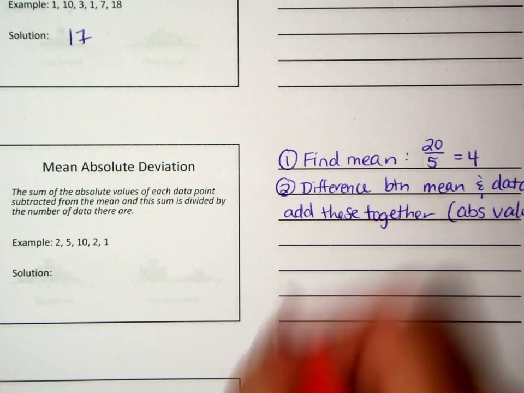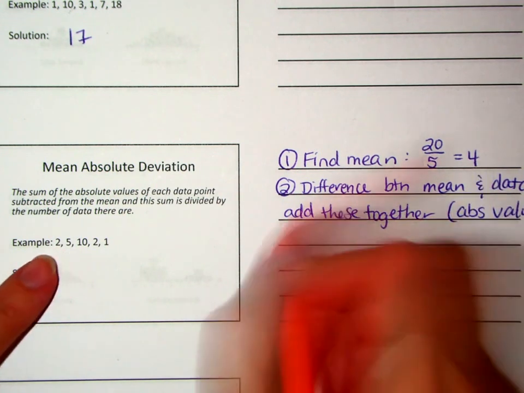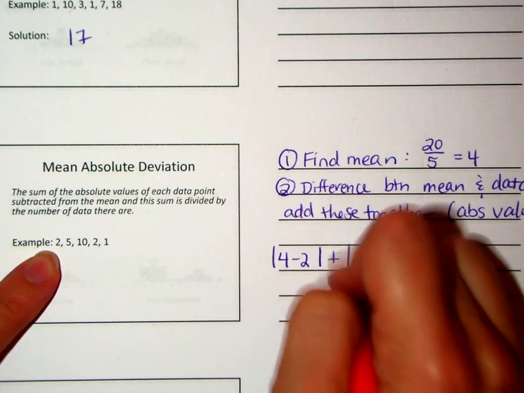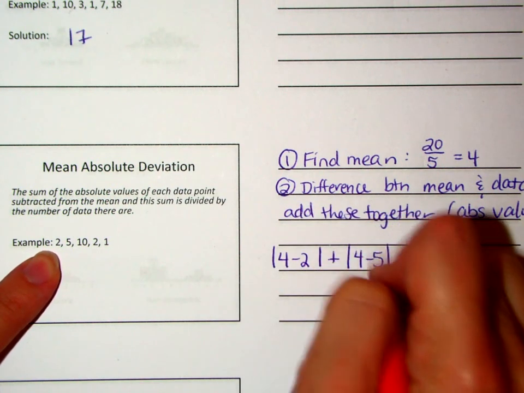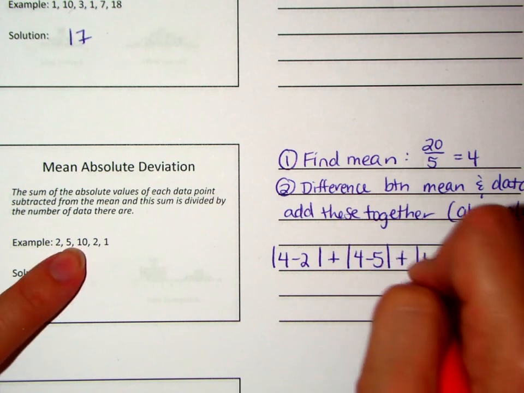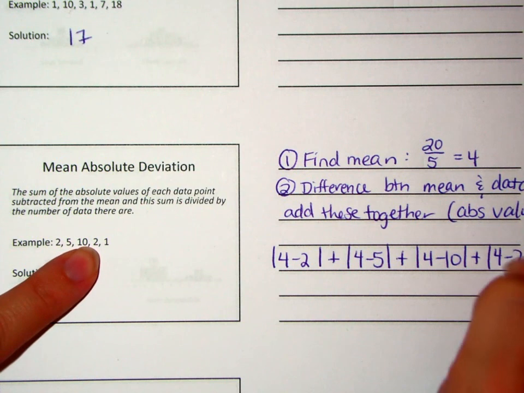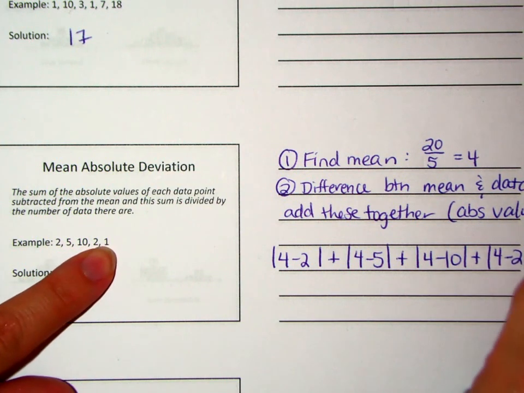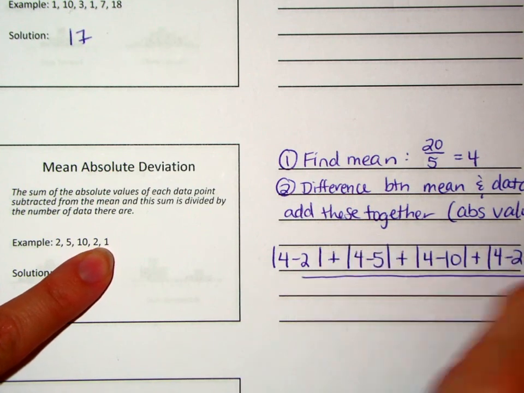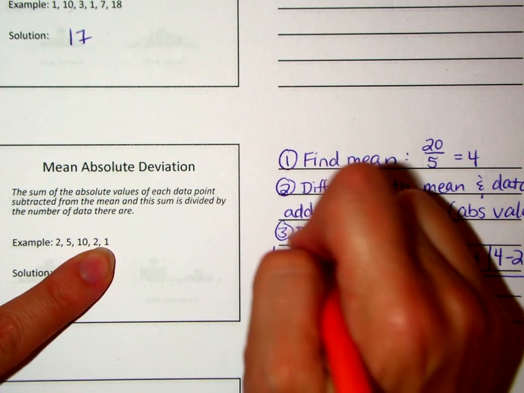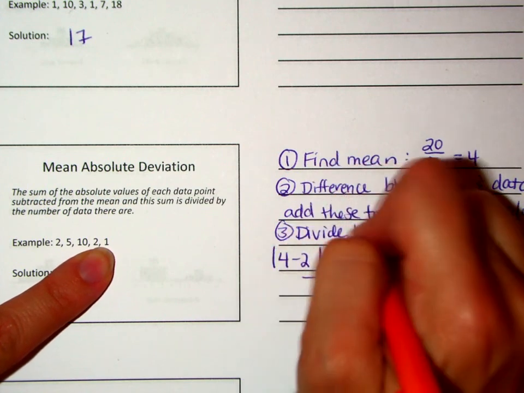So, if you look here, since our mean is 4, we're going to do the absolute value of 4 minus 2, added to the absolute value of 4 minus 5, added to the absolute value of 4 minus 10, added to the absolute value of 4 minus 2, added to the absolute value of 4 minus 1. And all of that's going to be divided by the number of data there are. So step number 3, we're going to divide by the number of data.